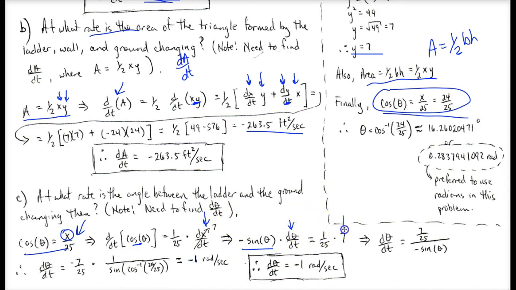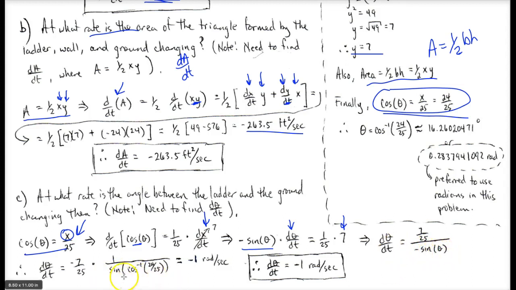And then we plug that information in. From there, we try to solve for d theta over dt, which is just 7 over 25 divided by negative sine of theta.